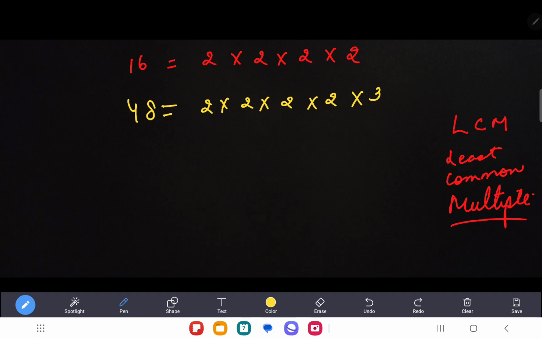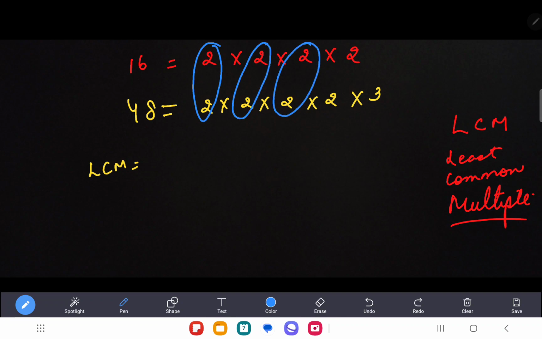Yes, but how do we calculate like this? So what is the method to calculate LCM? See, look at the method. You start pairing up in 16 and 48. Look at the common number. So 2 is common in both of them. Another 2 is common in both of them. Another 2, and another 2, common in both of them, isn't it? Whatever is common, you write down.